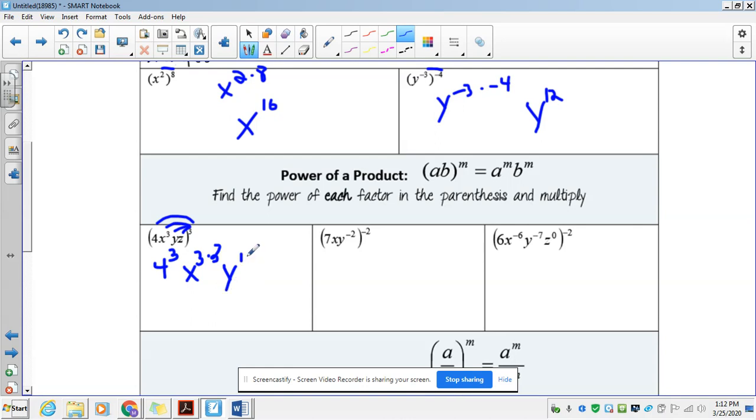Perfect. So this is 1 times 3. And then this is z, 1 times 3. So your x's and y's and z's are the easy ones. 3 times 3 is 9. 1 times 3 is 3. 1 times 3 is 3.